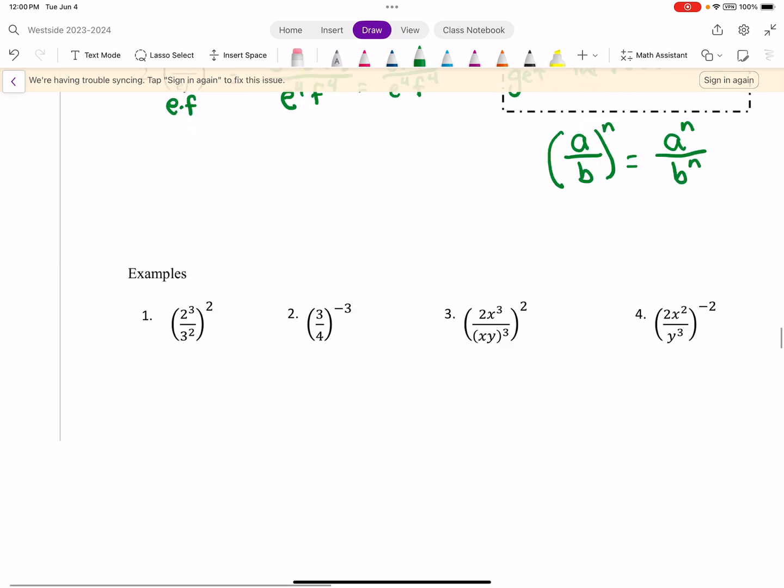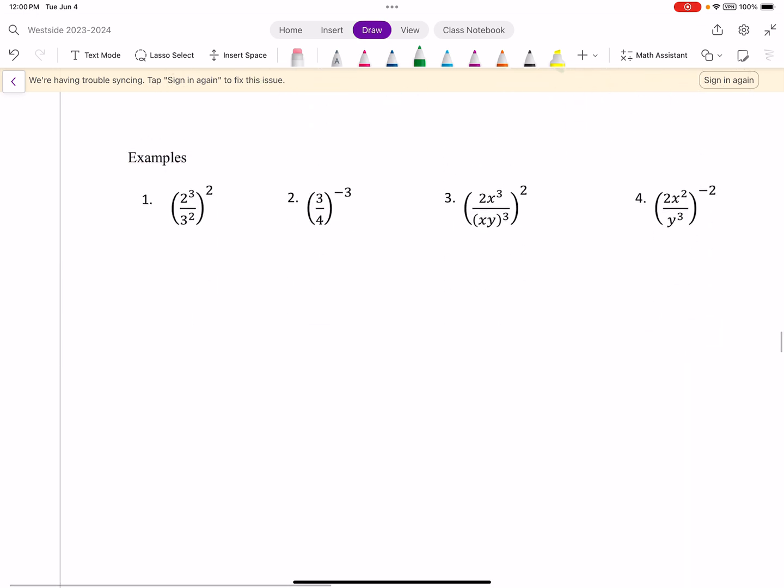So we're going to go ahead and do these examples using that rule where we're going to give that outside power to all the bases. So this top one here would become 2 to the 3rd all squared. And then on the bottom, it would be 3 squared, sorry, 3 to the 2nd squared as well.